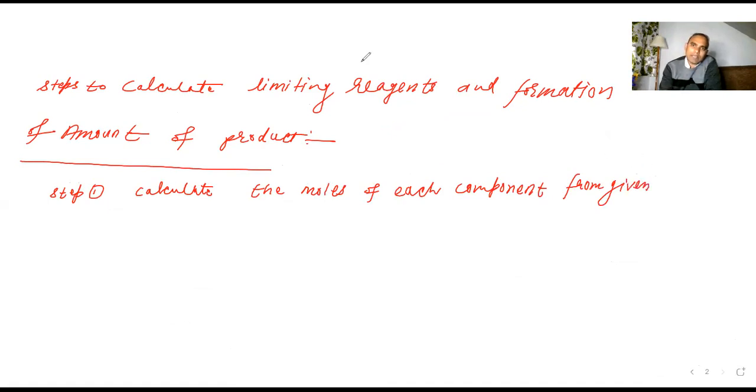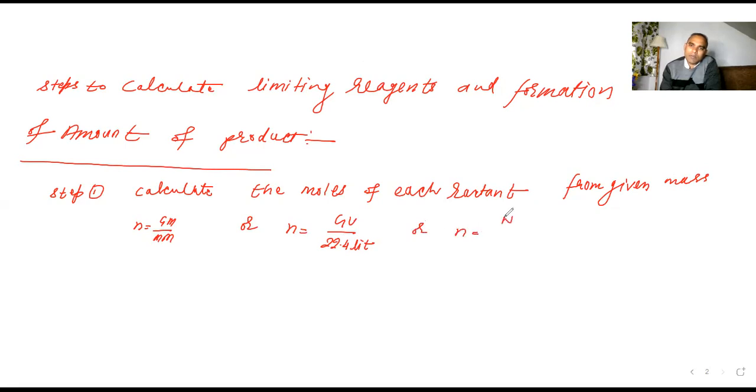In place of component, you can write reactant, each reactant from given mass. So how can you calculate? n is equal to given mass upon molar mass, yes or no. Yes. Or n is equal to given volume upon 22.4 liter, yes or no. Yes. One more formula is there, if you can remember.